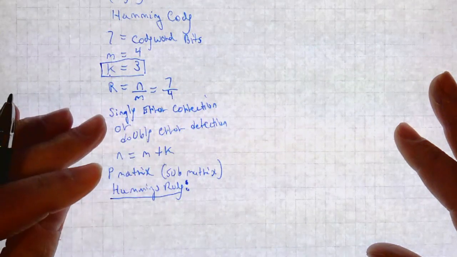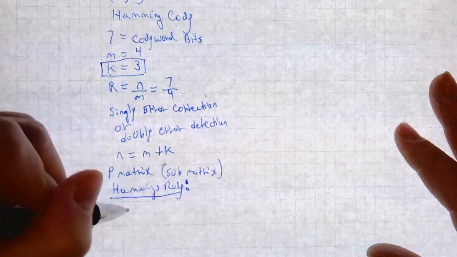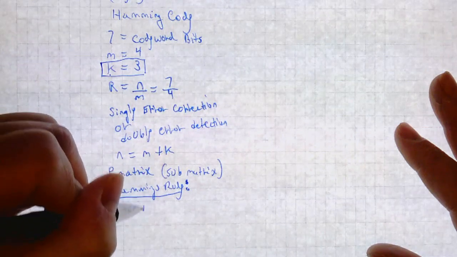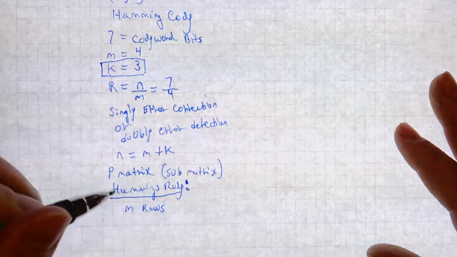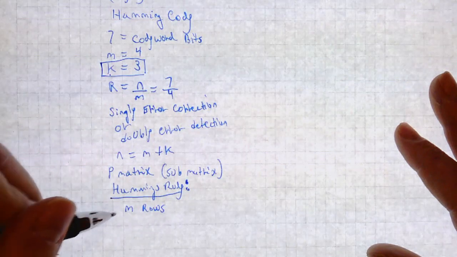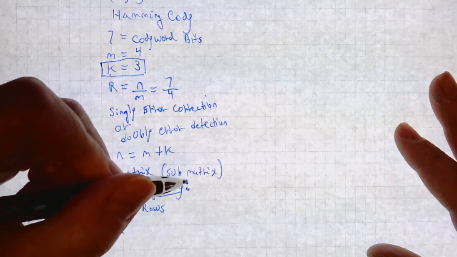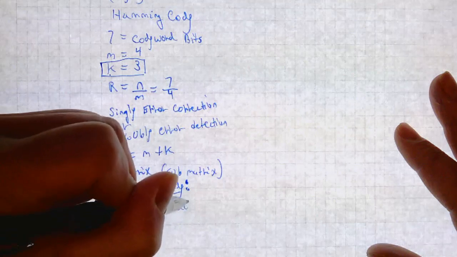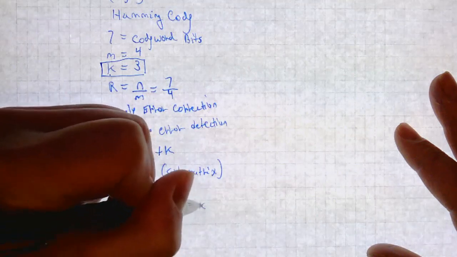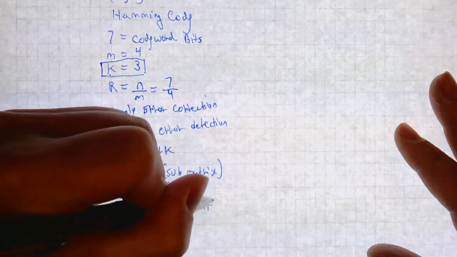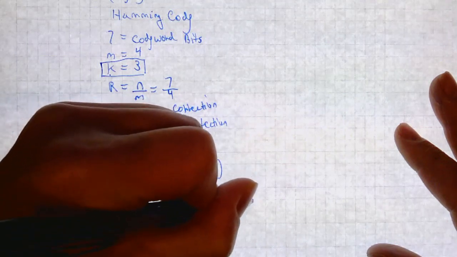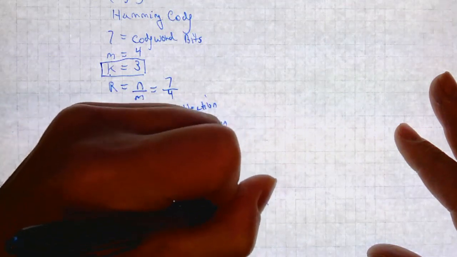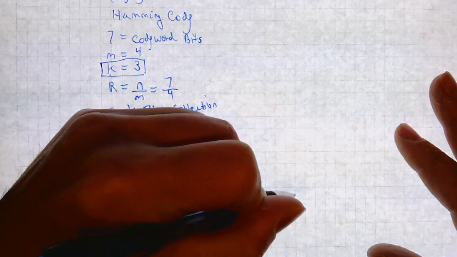Hamming's rule says we'll let m rows, where m is the number of message bits, all have k, which equals 3 bit words.